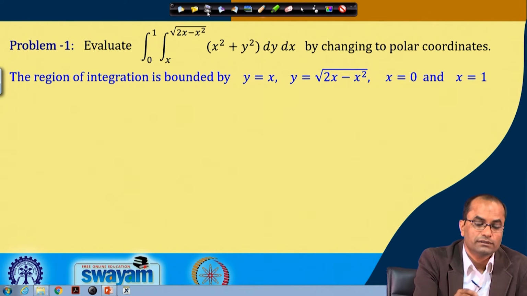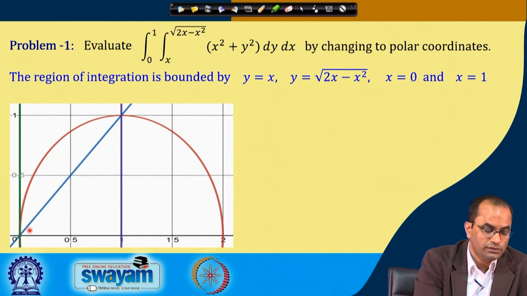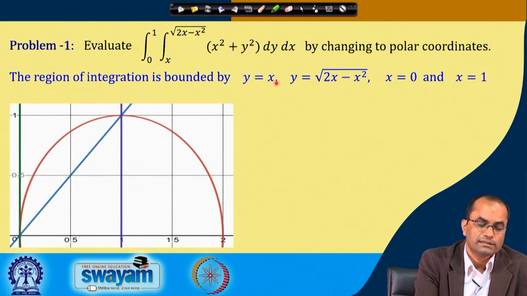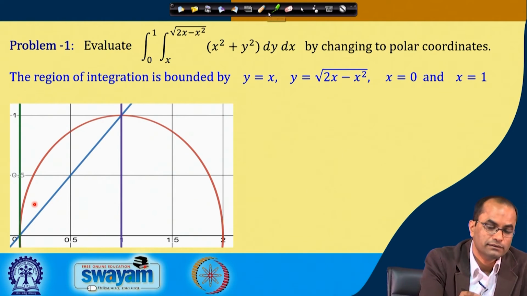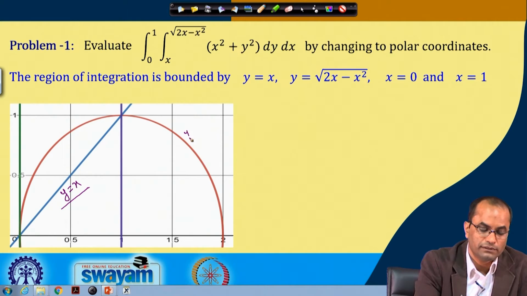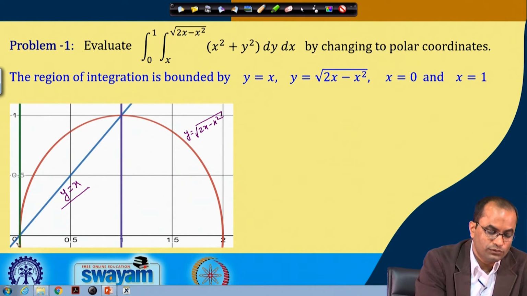So, we can draw this now. This is the circle which we have, the shifted one. So, the center is at 1 there, and now y is equal to x line. So, this is y is equal to x line, and we have the circle here, y is equal to square root of 2x minus x square, and x goes from 0.